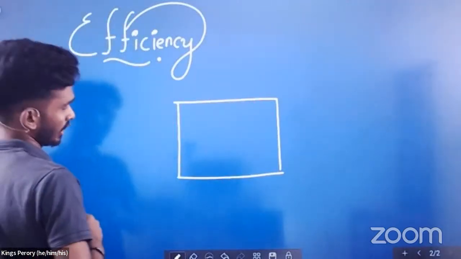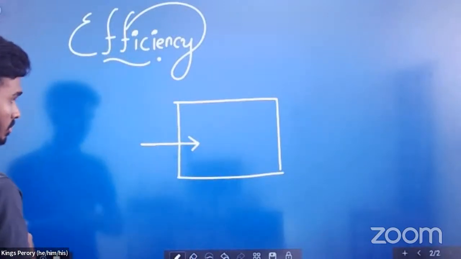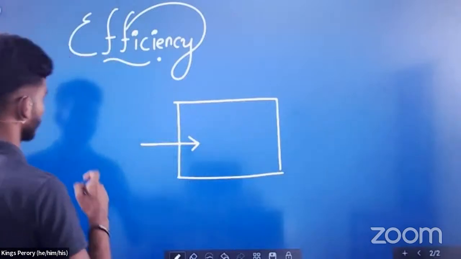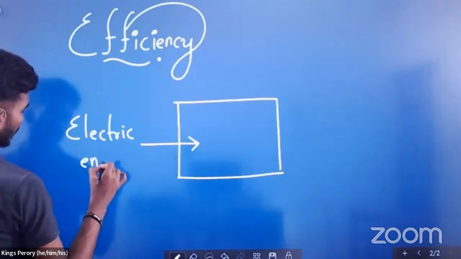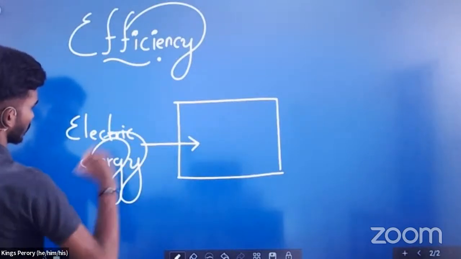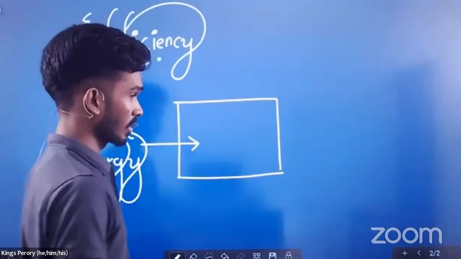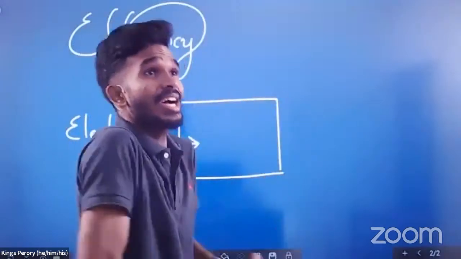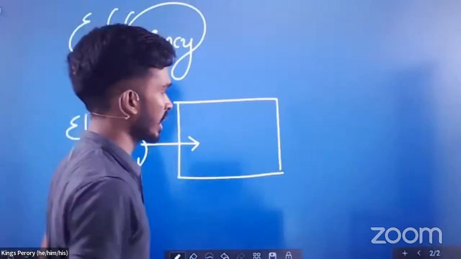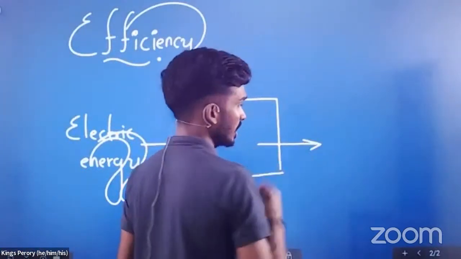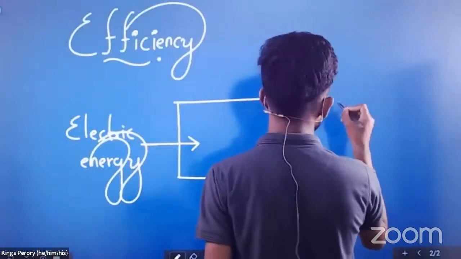To an electric appliance, what energy do we give as input? Electrical energy. And from this electric appliance, we expect a useful output energy.